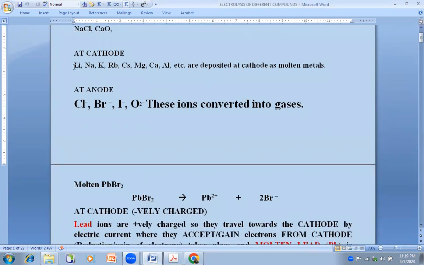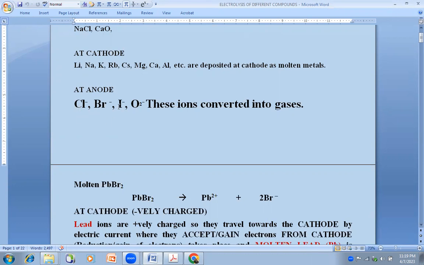So at the cathode, these metals are obtained in the molten state, and the appearance of all these metals, lithium to aluminum, lead too, in the molten state is silvery white. At the anode, chloride is discharged as chlorine, a greenish yellow gas. In the form of bromine gas, it is red-brown vapors.